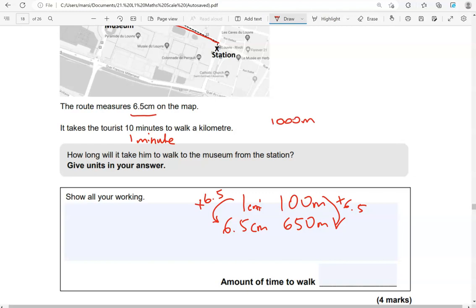So what is 10 times less than that? 1,000 divided by 10 gives us 100 meters. So he can do 100 meters in 1 minute. What about 650 meters?